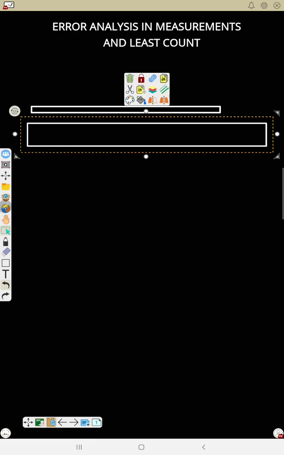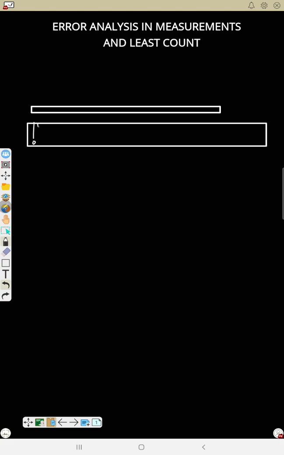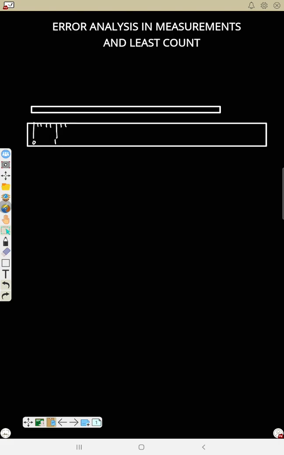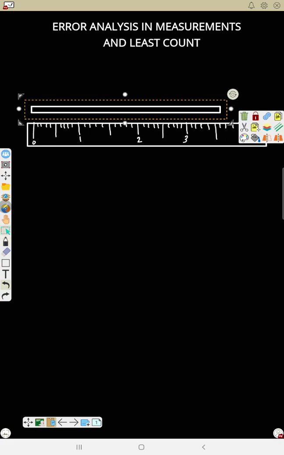So this will be 0, 1, 2, 3, 4, 5, with smaller calibration marks between each centimeter.